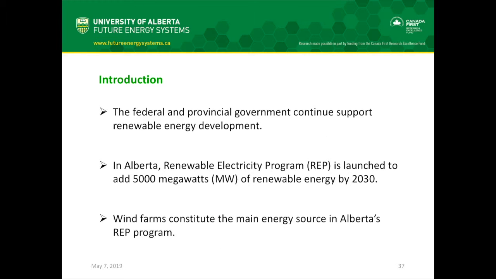The federal and provincial governments continuously support the development of renewable energy infrastructure. In Alberta, a renewable electricity program has already been launched, aiming to add 5,000 megawatts of renewable energy by 2030. In this program, wind farms are the main type of renewable energy source.